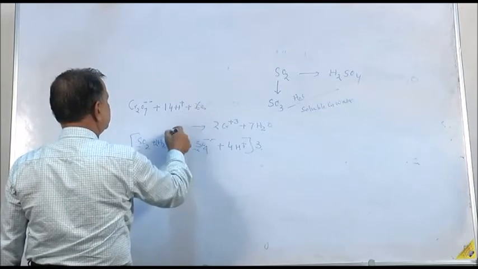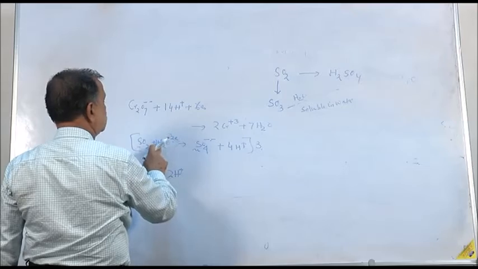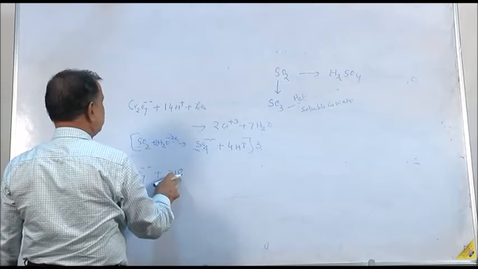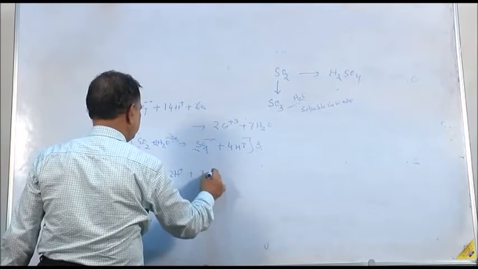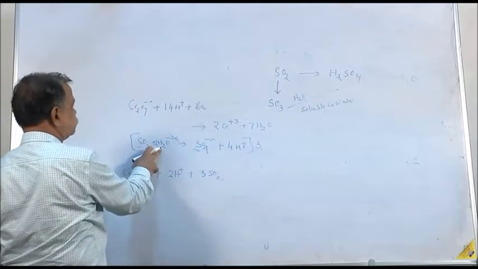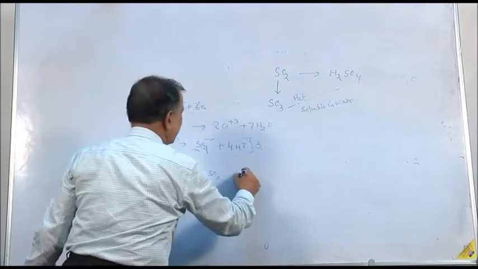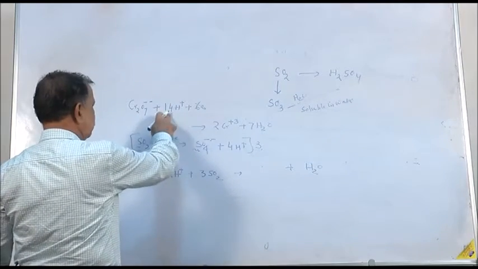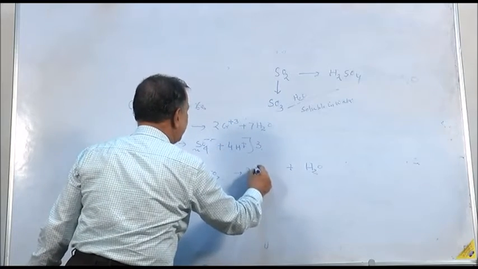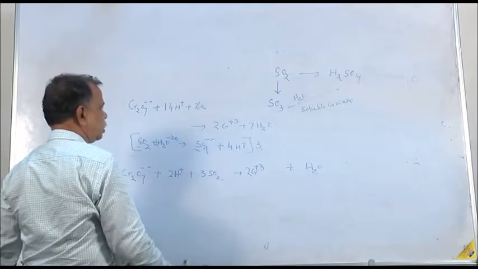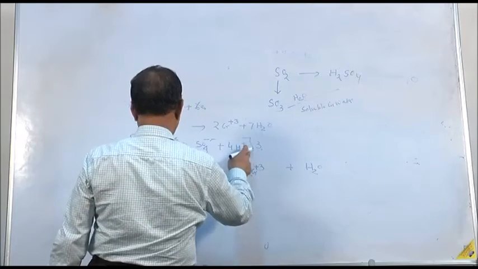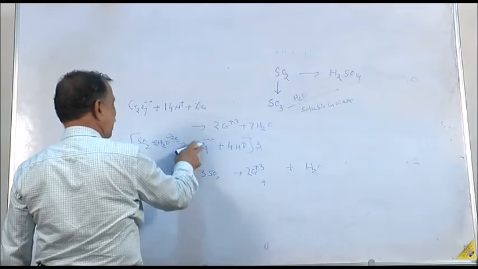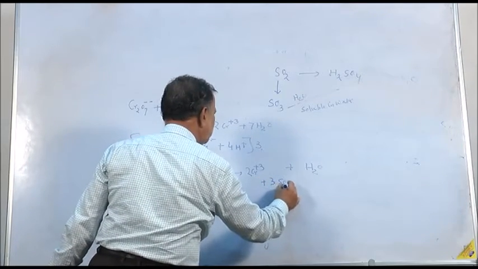The 6e cancel. 6H2O here, 7H2O there, so 1H2O remains. It gives Cr2O7 2- plus 2H+ plus 3SO2 gives 2Cr3+ plus H2O and 3SO4 2-.